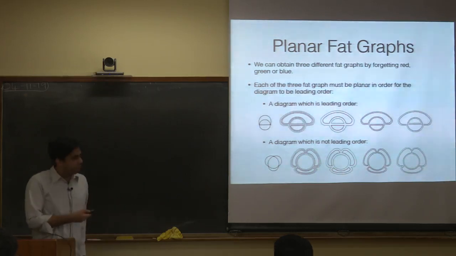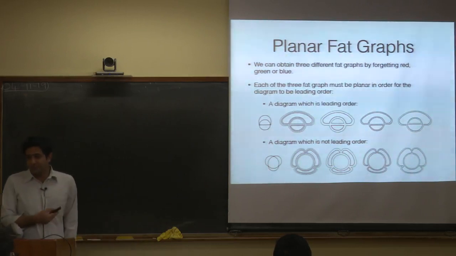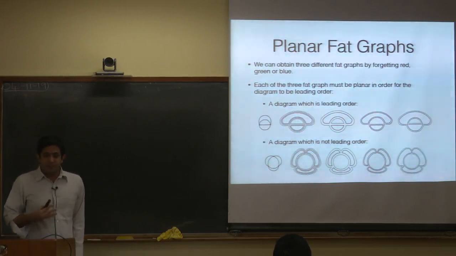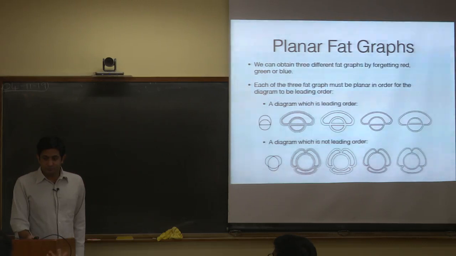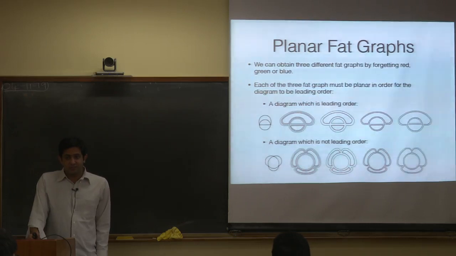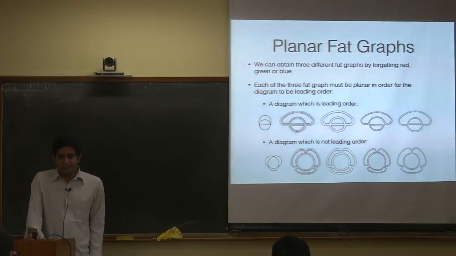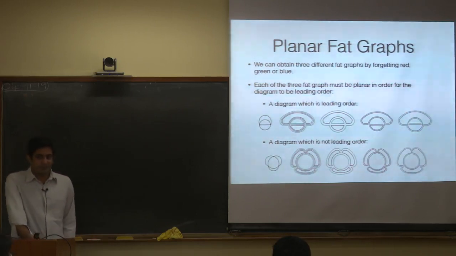We'll prove this statement in a moment, but the intuition is that all the fat graphs have to be planar. If you omit all but 2, you cannot get more than planar. Disconnected? Well, if it's maximally single trace, one can argue it's not disconnected, because that's one of the advantages of maximally single trace.